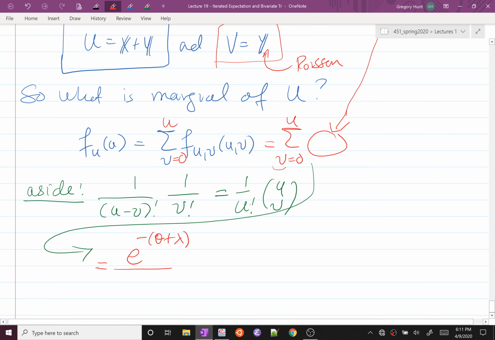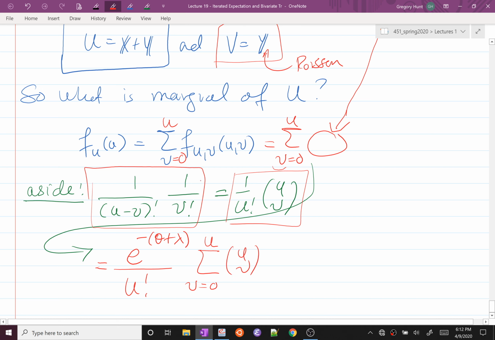If I replace 1 over u minus v factorial times 1 over v factorial with this thing, there's a 1 over u factorial that comes out. That does not depend on v. And then everything else depends on v. So what I'm left with is my sum from 0 to u. I have a u choose v after using this to replace part of it. And what am I left with? I'm left with theta to the u minus v and lambda to the v.